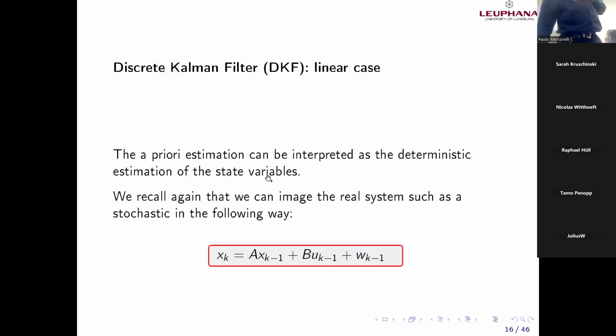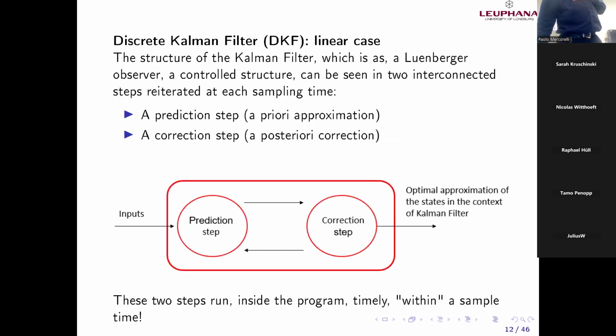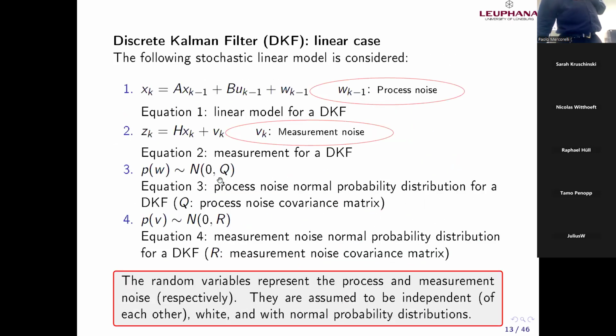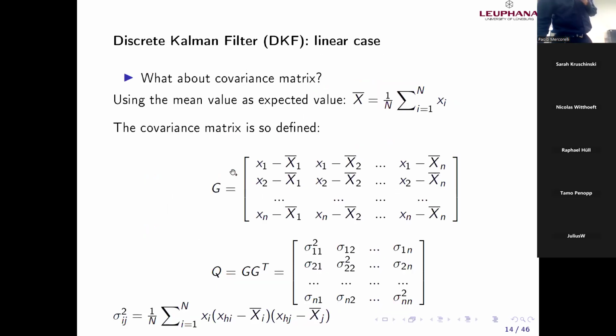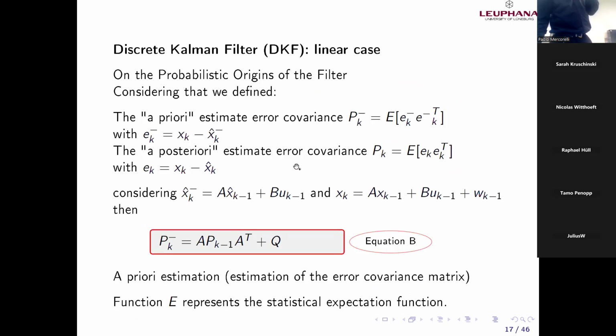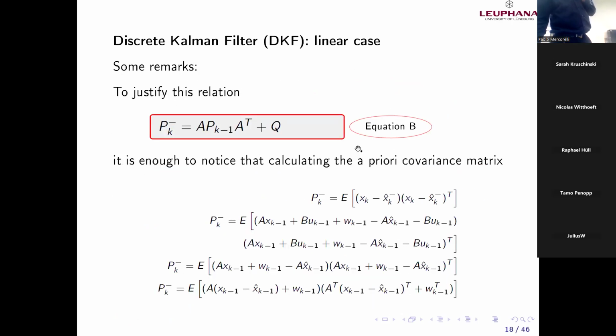I told you, very quickly, that the vector W, the system noise variable, or variables if you like, is characterized in vector form by a normal, meaning Gaussian, distribution with expected value 0 and covariance Q. The covariance is defined, I recalled it here. I will use this definition during the calculations.